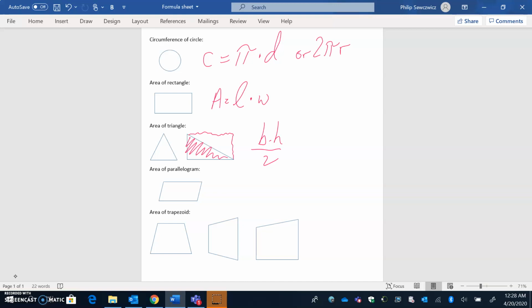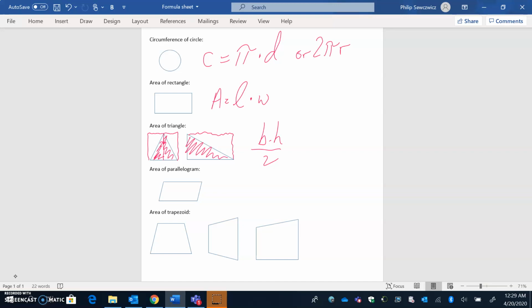This works even in a triangle like this, because if we chop this up, you can see the two rectangles and that it's only half the amount. So again, base times height divided by 2.